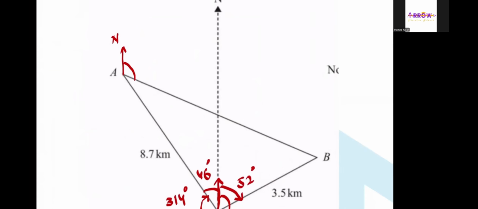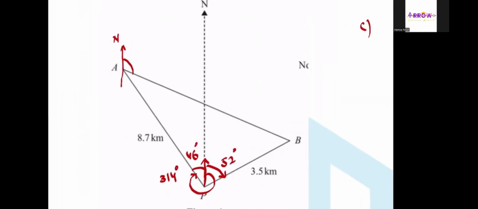Okay. So what I can do is establish that when this angle is 46 degrees, then according to the property of alternate angles, this angle is also 46 degrees, this acute angle. As you can see, the vertical line at point P and the vertical line at point A are both parallel to each other.